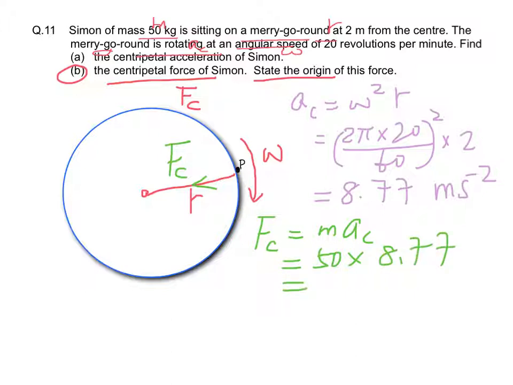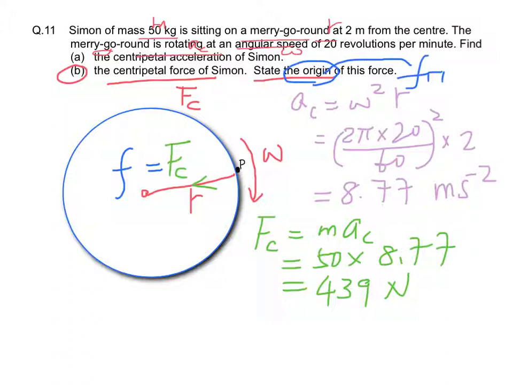The centripetal force acting on Simon is 439 Newton. And this centripetal force is provided by the friction acting on Simon. Therefore, the origin of this force is friction.